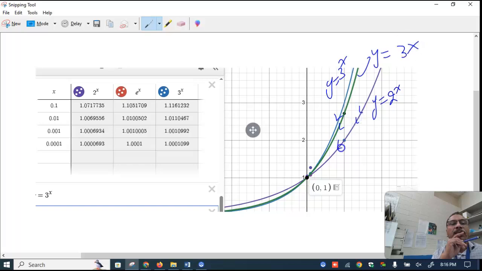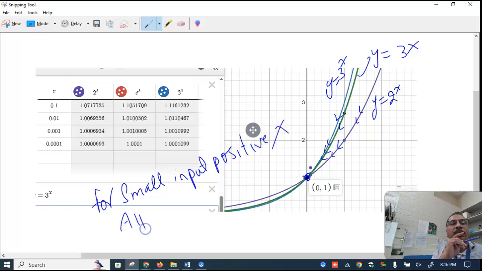You see the outputs, all three of them approach 1 for smaller input x, positive x. All three, 2 raised to x, e raised to x, 3 raised to x, approach 1. That's the understanding now.